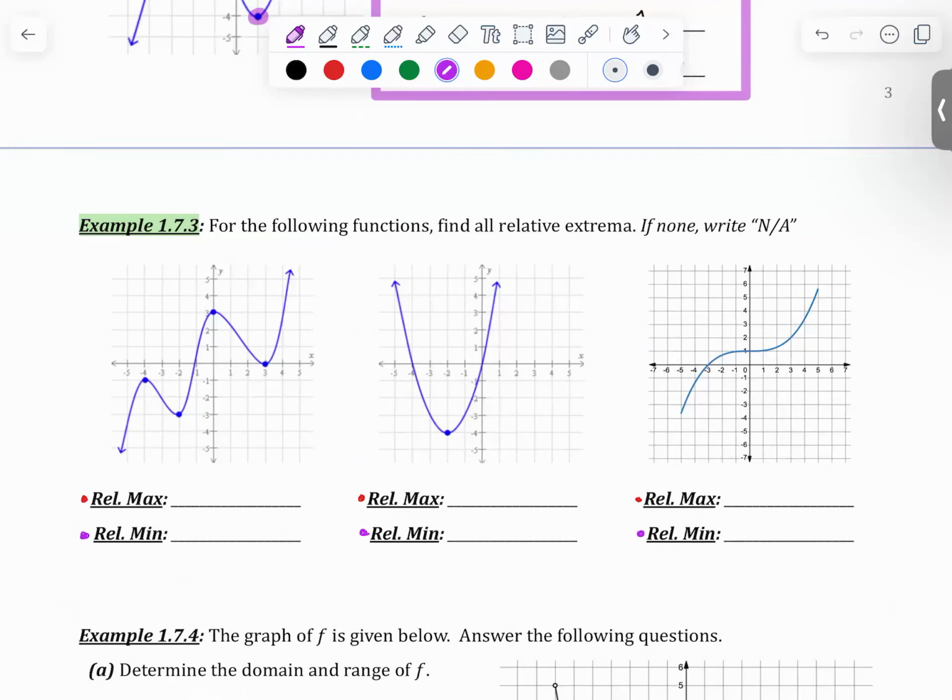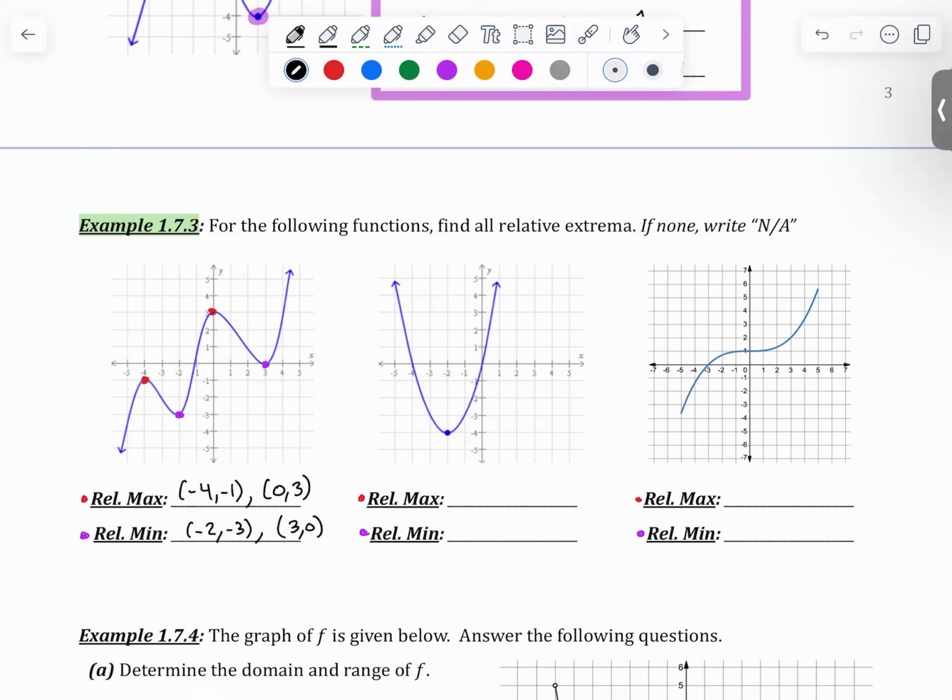For this first one, we're looking for the tops of hills right there and there. So the relative maximums are the points -4 comma -1 and 0 comma 3. And then the relative minimums of this graph will be the bottoms of valleys, which are at -2 comma -3 and 3 comma 0.